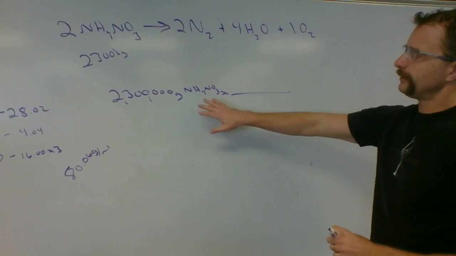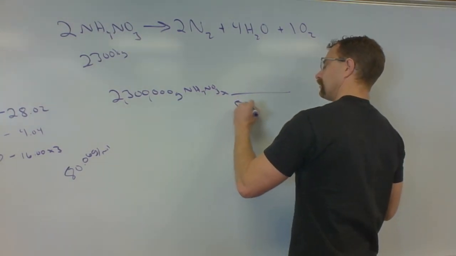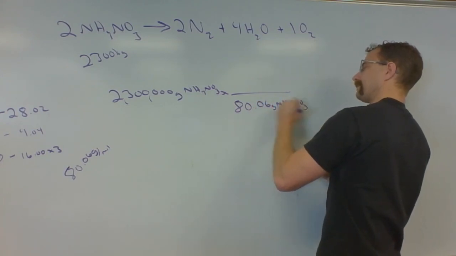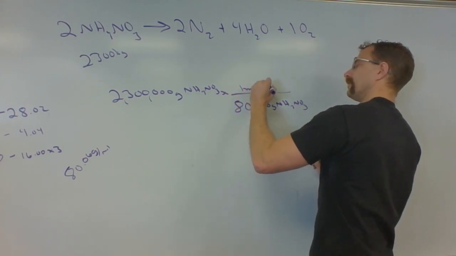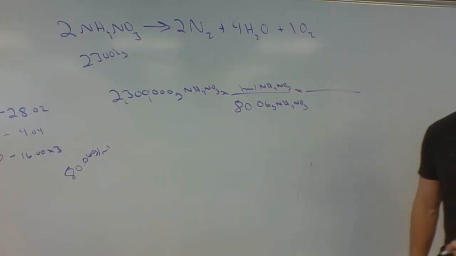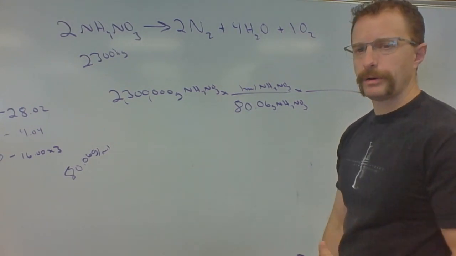We've got the ammonium nitrate here, grams of ammonium nitrate. So I'll put 80.06 grams of ammonium nitrate on bottom for every 1 mole of ammonium nitrate on top. This one's a little tougher, this mole bridge step. The bottom part's pretty easy.